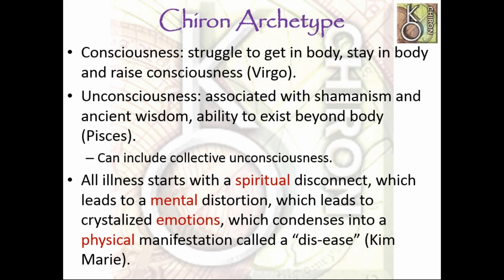And this is a perspective that whenever we manifest an illness or something we call a disease, it always starts on an energetic level. And that energetic level is a spiritual disconnect with source energy. And that condenses down into mental distortions and mental woundedness. Source has abandoned me in some way.